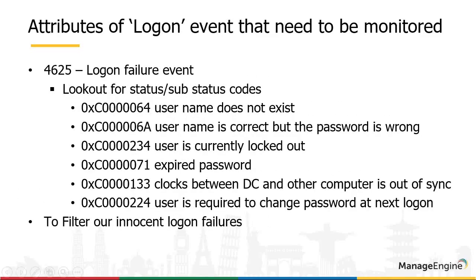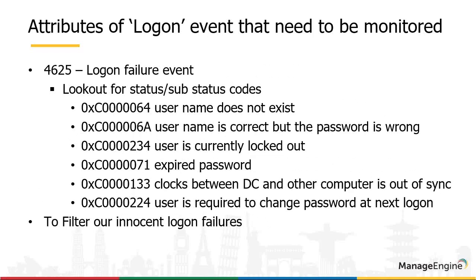So far we've been discussing a successful logon attempt, how to track it, and what the significant fields are. When it comes to detecting failed logon attempts, which is way more important than detecting a successful attempt, because monitoring logon failures is the way to know the baseline of where things go wrong.